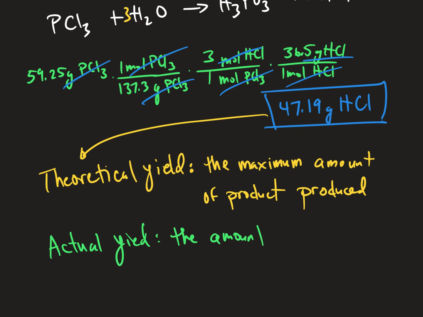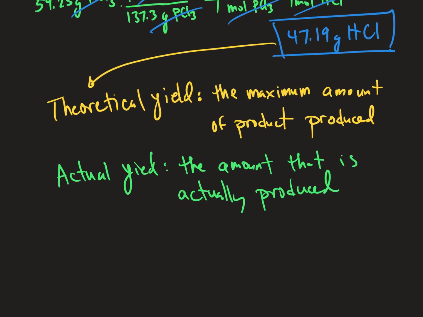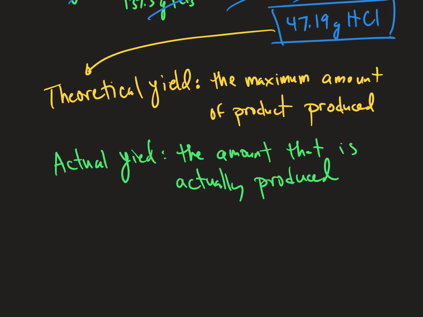The amount we actually produced, or that is actually produced, when we carry out this experiment or this reaction. Good? Are we good with those two terms?